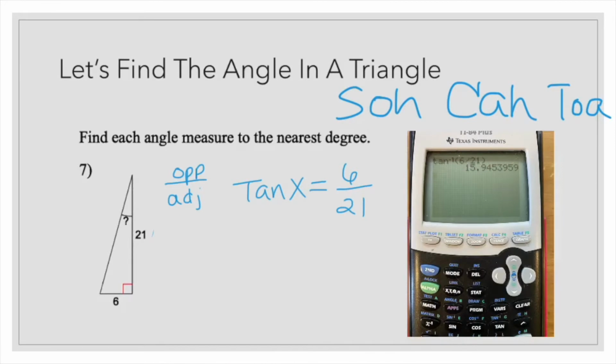As you can see here, we got on the calculator 15.94, but I want to emphasize how we got that. We got that by using the second and the tangent button, then typing in the fraction 6/21. And they want it to the nearest degree, so 15.9 rounds to 16 degrees.